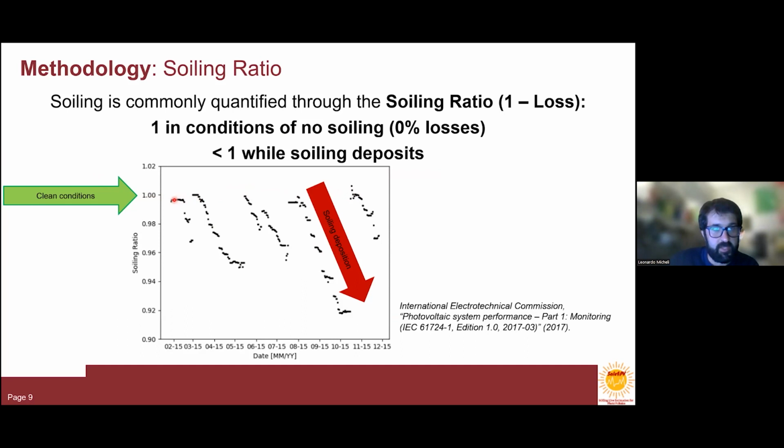However, while soiling deposits on the PV module surface, the soiling ratio starts decreasing while the losses start increasing. So again, the soiling ratio is 1 if we don't have losses, while it is lower than 1 when soiling is present.